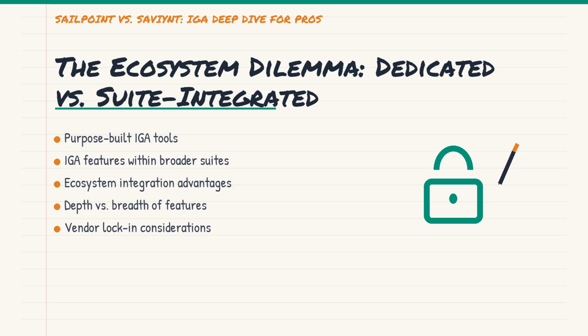These suite-integrated solutions can offer a more seamless experience if you are already heavily invested in that vendor's ecosystem. The trade-off is often that their IGA features, while improving, might not be as deep or as flexible as a dedicated IGA tool for highly complex, multi-application environments.